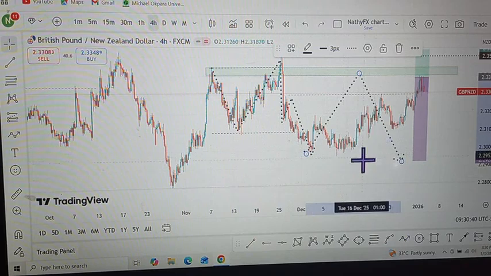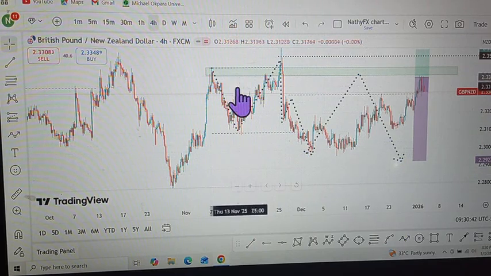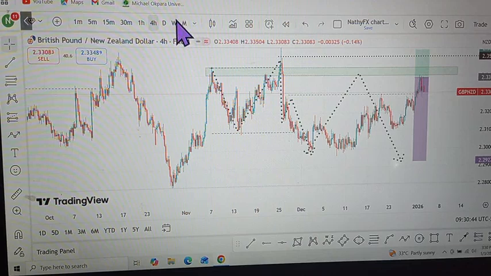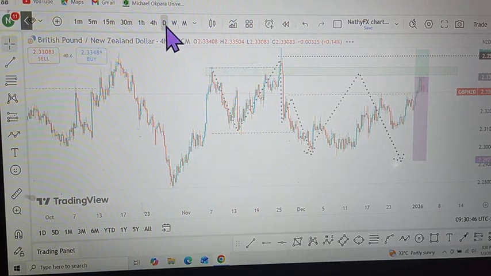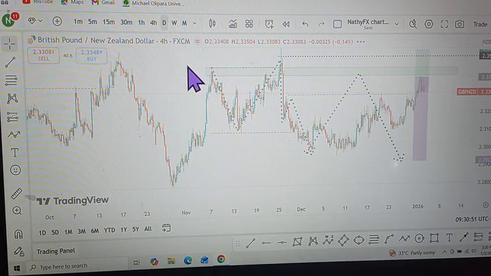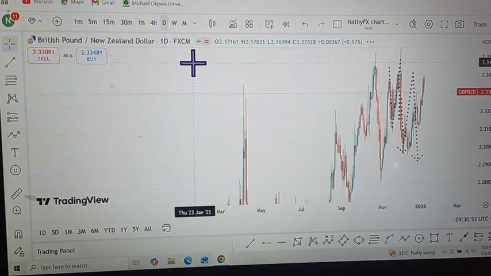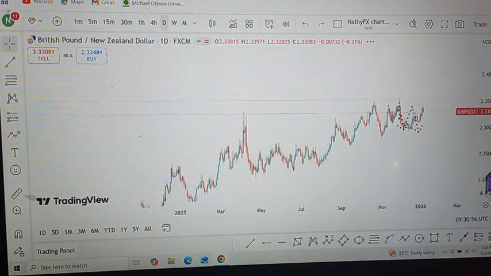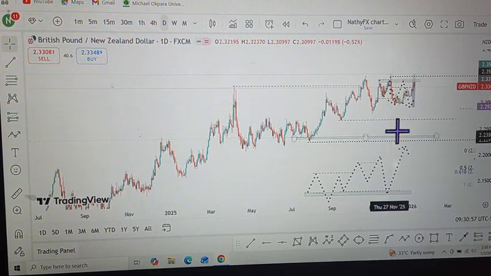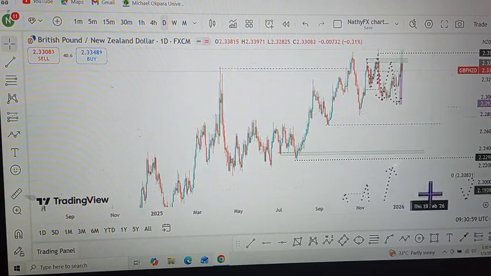We touch the 50% from the higher time frame. Remember we said let's go to the higher time frame, spread our Fibonacci and see where the premium ended. All right, this is the higher time frame. So what should we do?